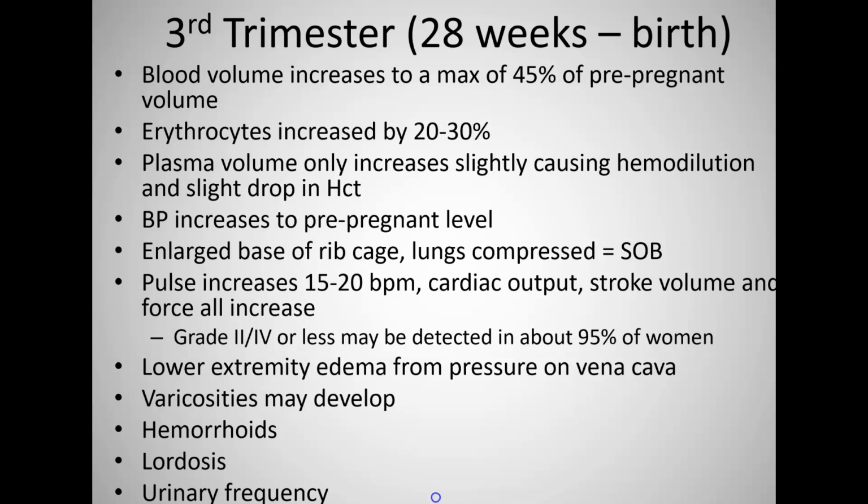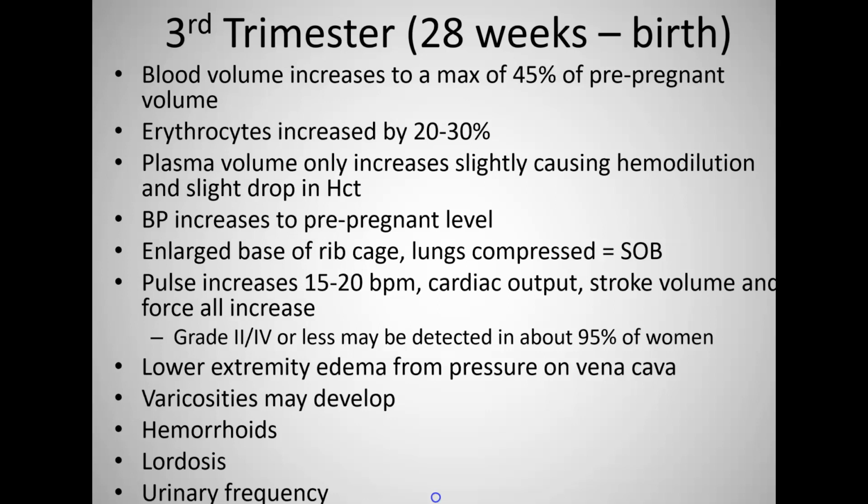It's no longer supposed to be low anymore. Their rib cage is expanded. The lungs are compressed, which can sometimes cause shortness of breath, and pulse usually increases, and they have an increase in cardiac output, stroke volume, and force. All of that increases.